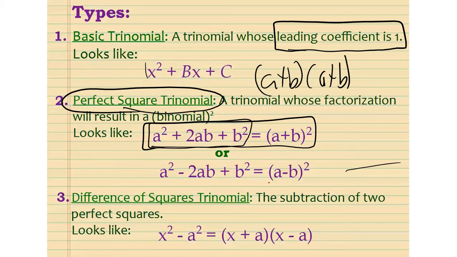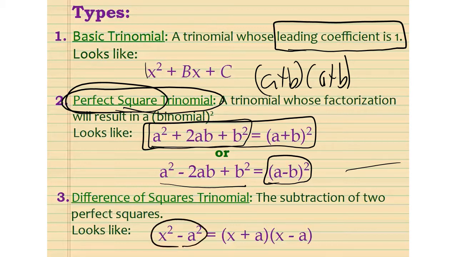Or if we started with a minus b squared and FOILed it, we would get a squared minus 2ab plus b squared. So that's one of the things we're going to be on the lookout for, is perfect square trinomials. This is one of the reasons we memorize perfect squares up to 20.